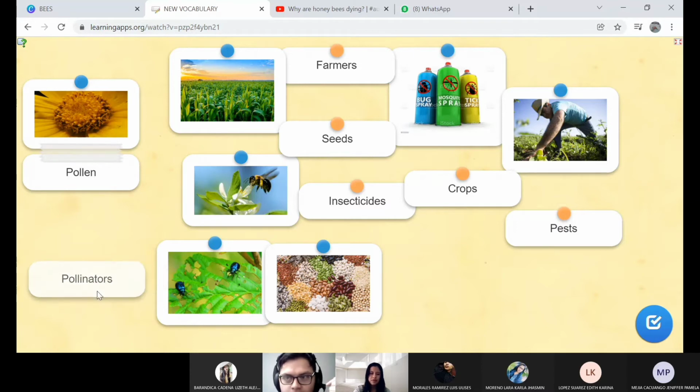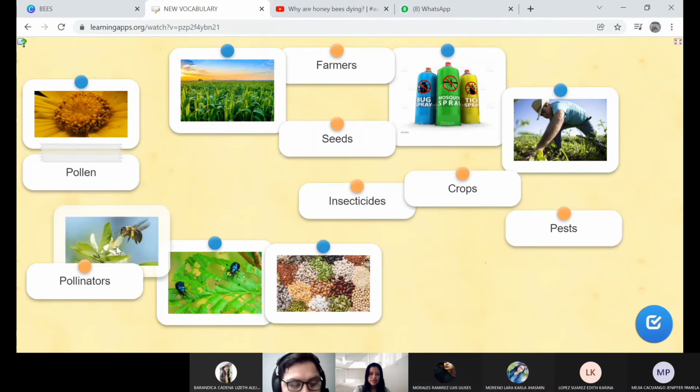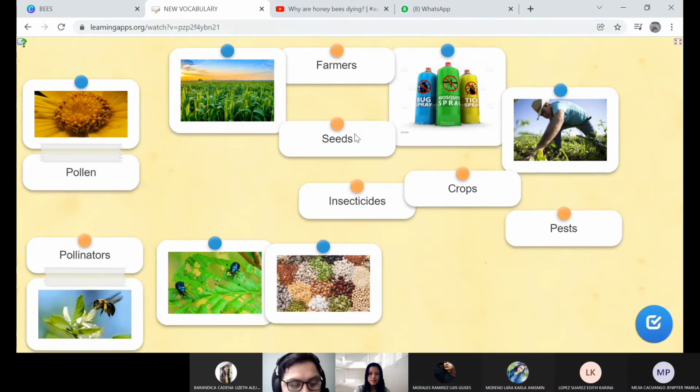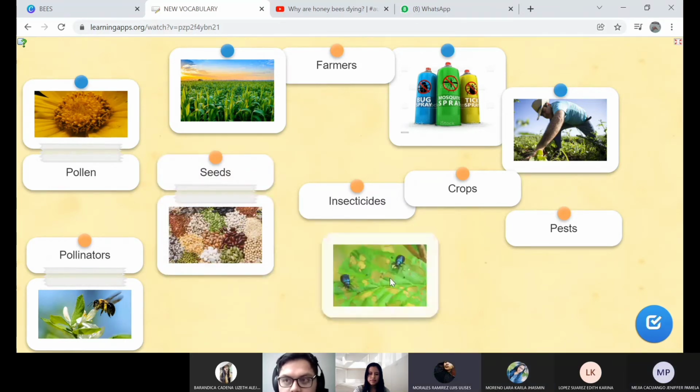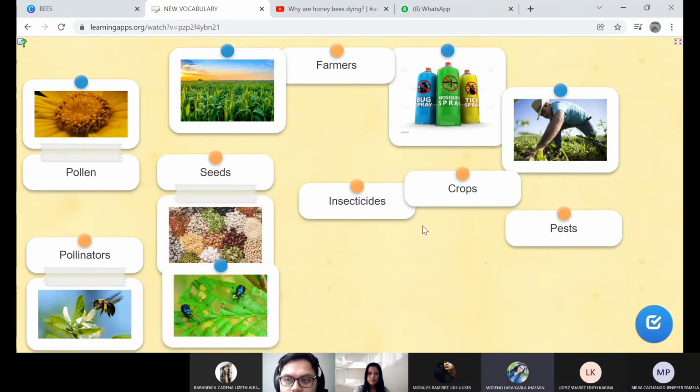Now, let's pronounce this. Pollinators. Okay, thank you. Now, seeds. Seeds. Okay, thank you. Now, farmers.